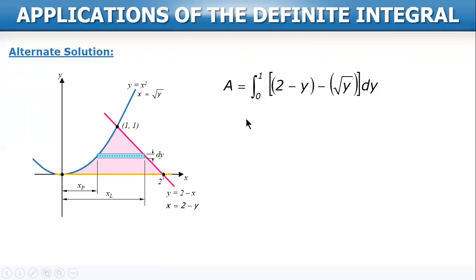dy. And you integrate, integral of 2 is 2y, integral of y is y squared over 2, minus the integral of square root of y, or y raised to 1 half, which is y raised to 3 halves over 3 halves. So reciprocal is 2/3, from 0 to 1. And then you evaluate upper and lower limits.